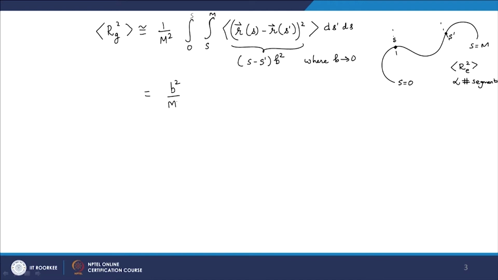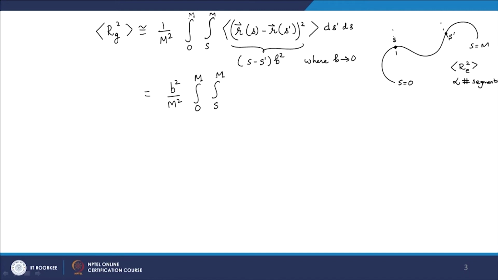b square by m square, integral 0 to m. I have to make a small correction here. This was 0 to m because the summation was from i equal to 1 to m. So, it has to be from 0 to m, and for the same reason this has to be from 0 to m.